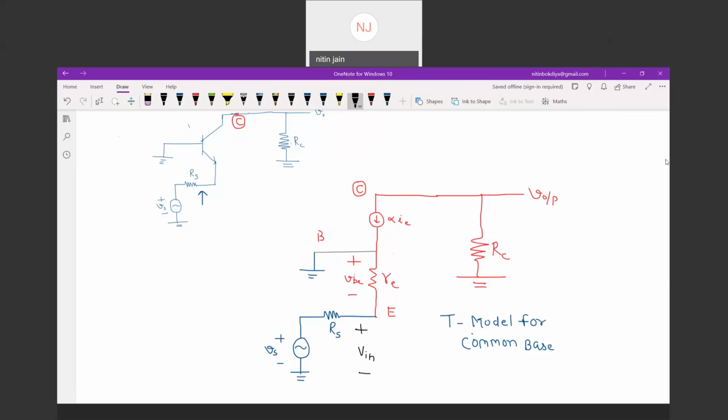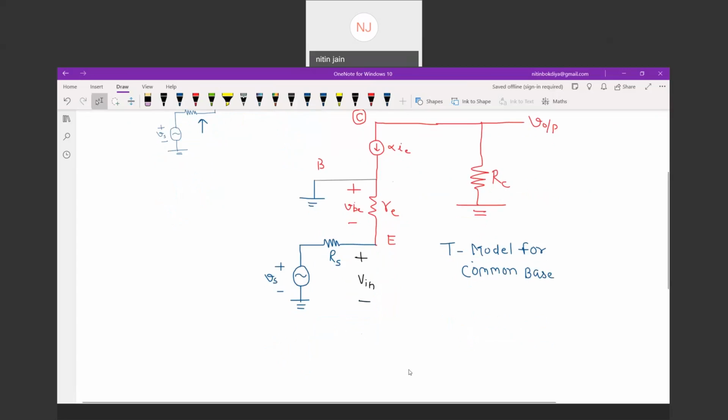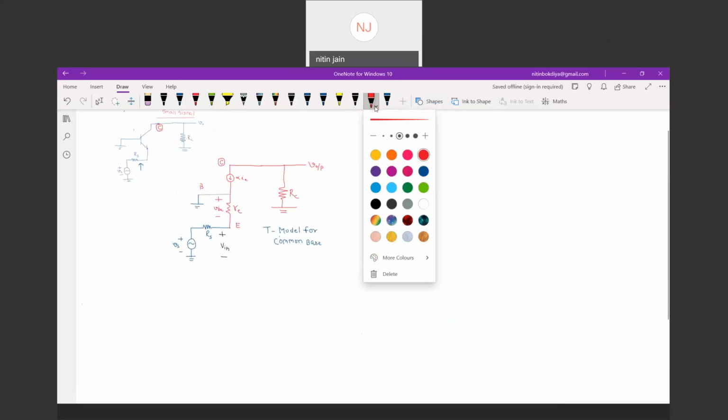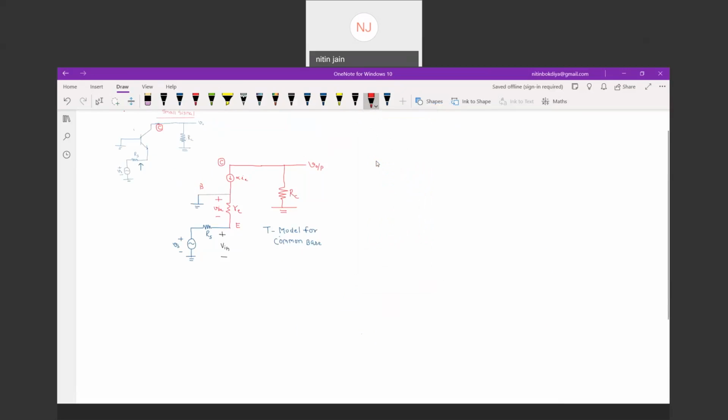Let's see how we can analyze this. The first point which we want to calculate is input resistance.